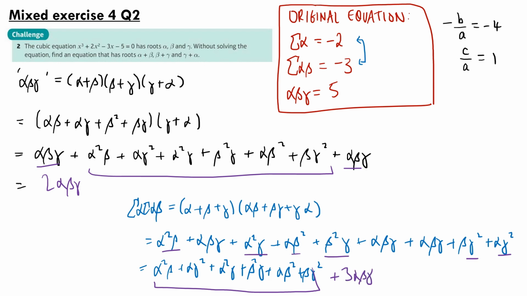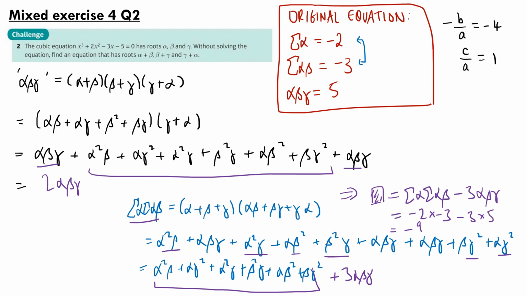So to find that purple bit, just to save time, we're going to write that's the purple bit. That's going to be equal to the sum of the alphas times the sum of the alpha betas from here, and then we're going to take away 3 lots of alpha beta gamma. So that is equal to minus 2 times minus 3 minus 3 times 5, which is 6 minus 15, which is minus 9.